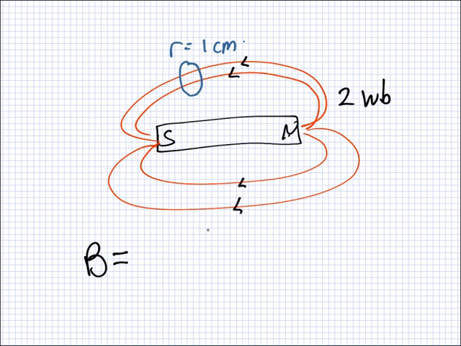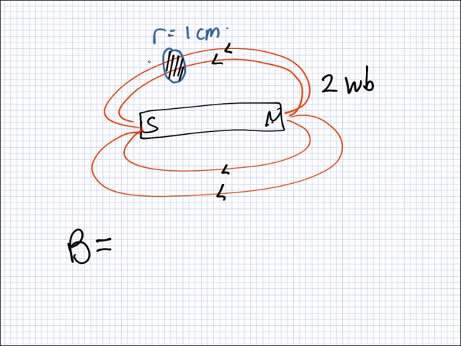So what's the area? It's a circle. Pi r squared. R is 0.01.